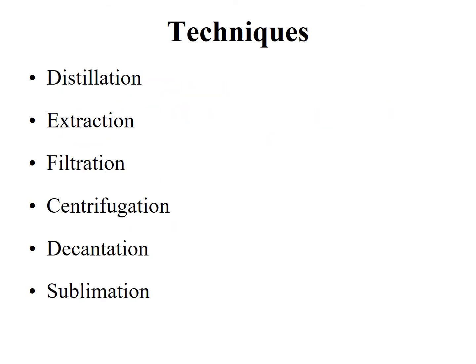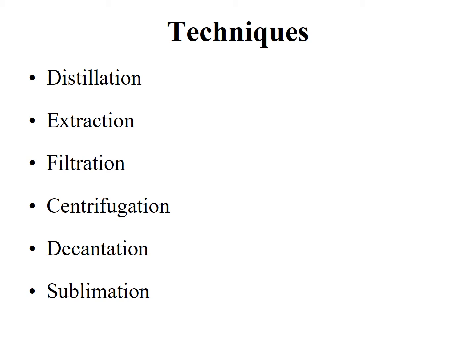Now let's look at the techniques that are used to separate mixtures based on their physical properties. The first thing that we have is distillation. When we're doing distillation, we purify a liquid by heating it to its boiling point, condensing its vapor, and collecting the condensed vapor.